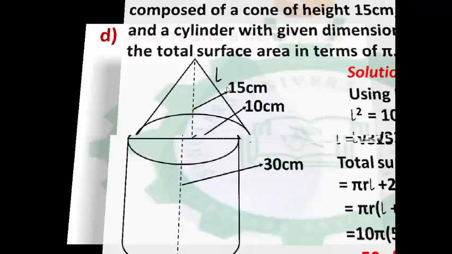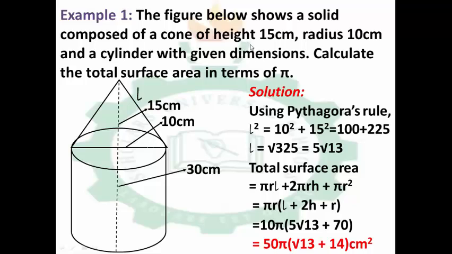Now let's take this example. Example 1: the figure below shows a solid composed of a cone of height 15 cm, radius 10 cm, and a cylinder with given dimensions. Calculate the total surface area in terms of pi. Now this is the diagram. We are given the height of the cone to be 15 centimeters, and the radius of the cone to be 10 centimeters.